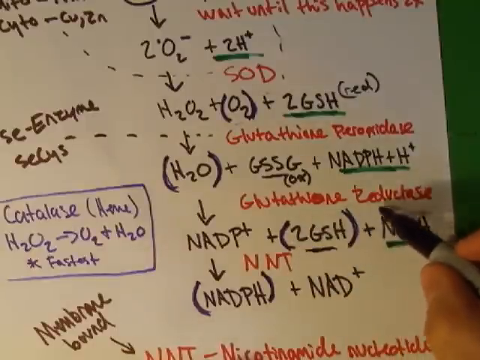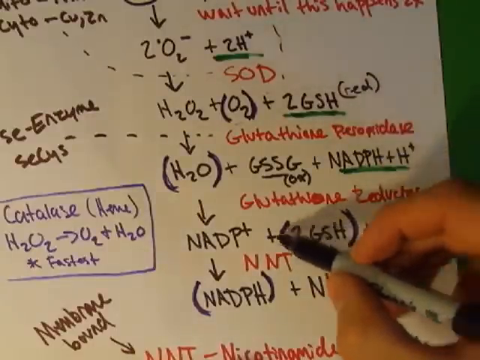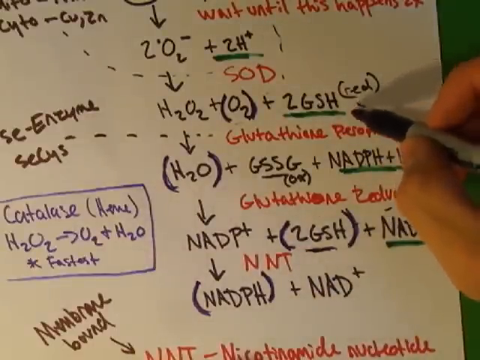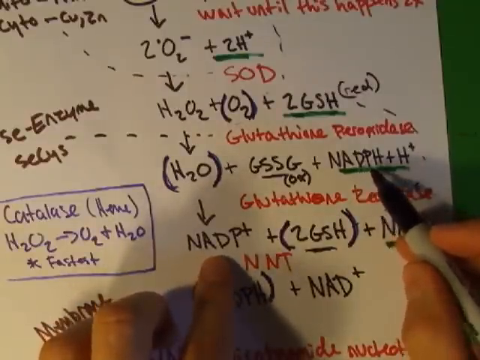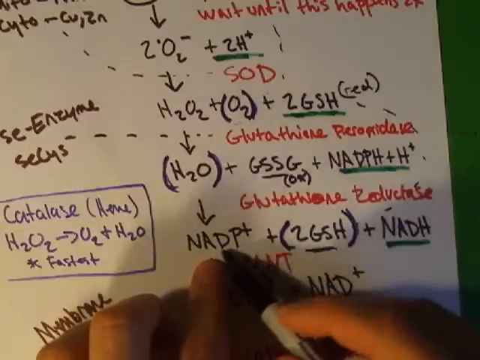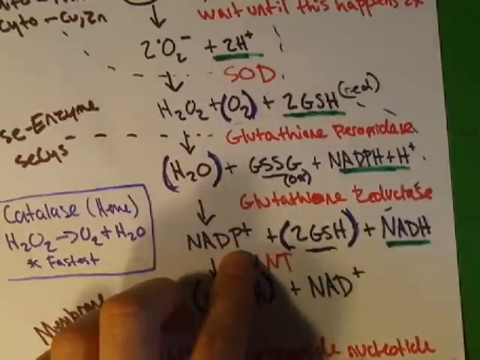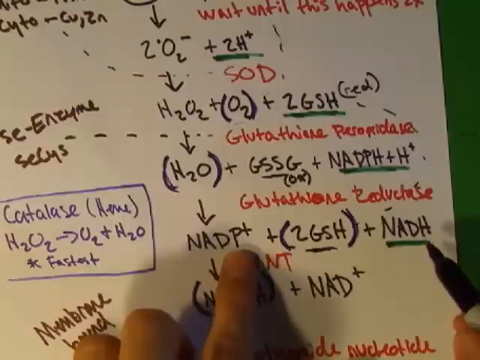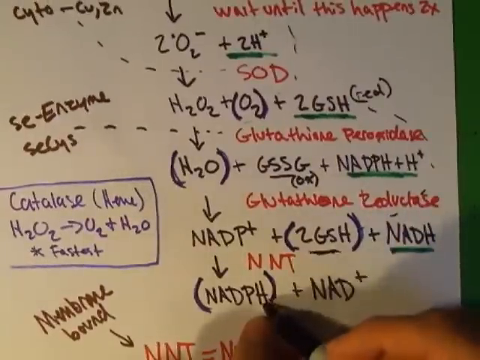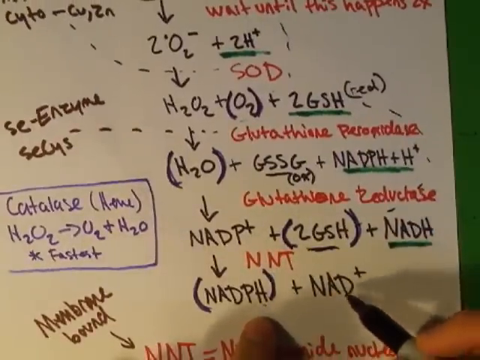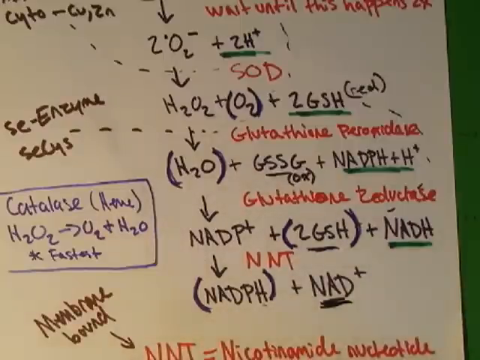That's in parentheses, we no longer care about it. It basically floats back in the cell up to here. But now in the process we took NADPH and it became NADP+. So we have a bunch of extra NADHs in the cell. So one of those is going to jump in and give its hydrogen to the NADPH. And you're left with a NAD+.